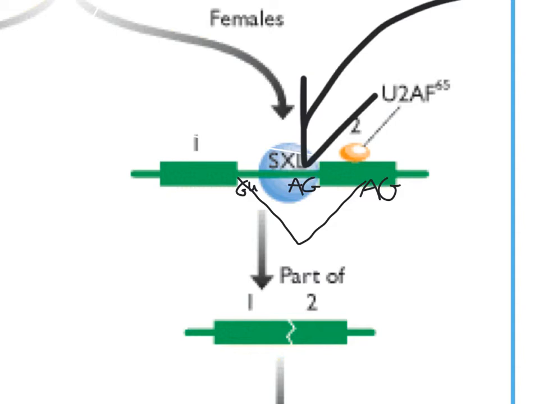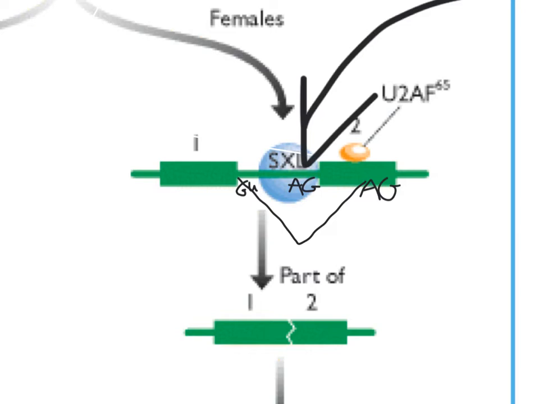But when sex-lethal is covering up the normal AG, what's a cell to do? You go find another AG somewhere nearby and splice to that. So in the end, if you're female, you get exon 1 and then the latter half, or the 3' half of exon 2 spliced together. Because sex-lethal is covering up the place where splicing normally would have happened at the end of intron 1.